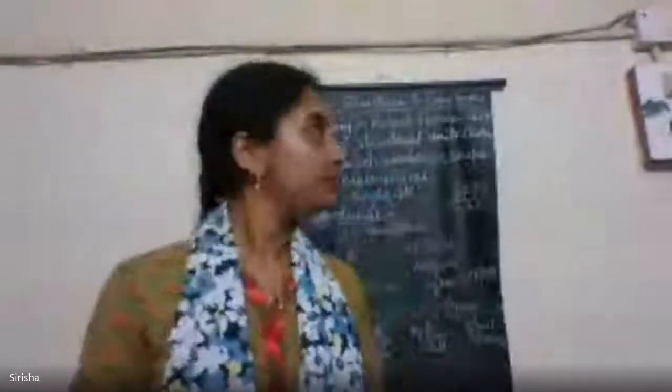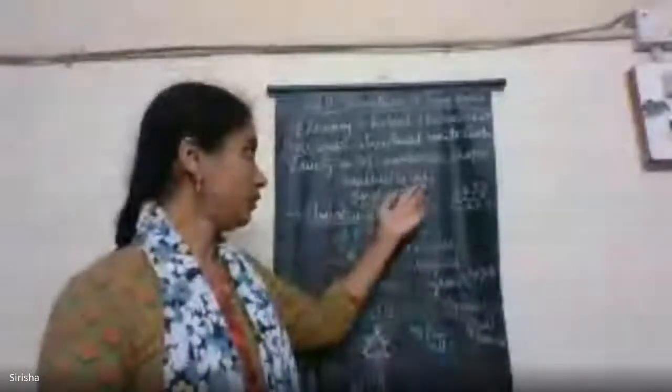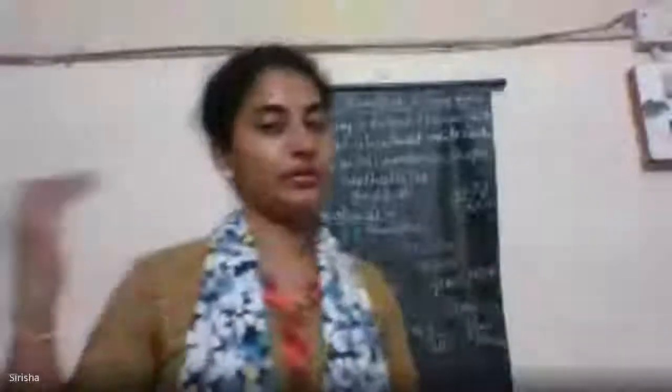Now let us see the variety in cell number, size and shape. There are varieties of sizes, shapes and numbers. Some may be single celled, some may be multicellular, with trillions or millions of cells. You might have heard the terms multicellular and unicellular. Unicellular organisms are ancient organisms like amoeba.